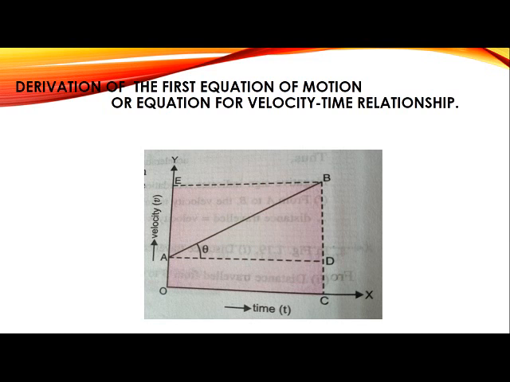Now, an object travels from point A and reaches a point B in the given time t. Right, children? So, OA refers to the initial velocity, that is u. CB refers to the final velocity. Right? OA initial velocity, CB final velocity.